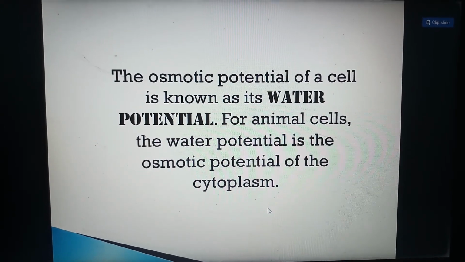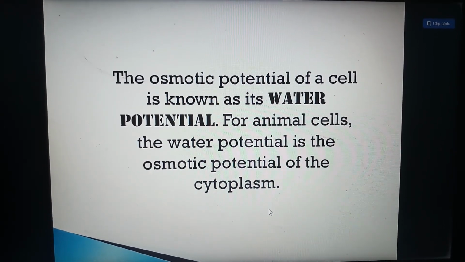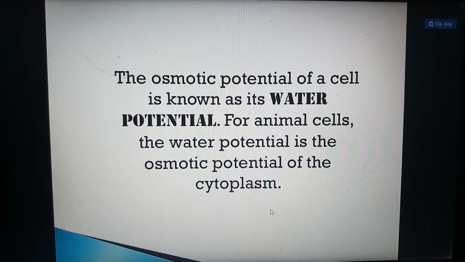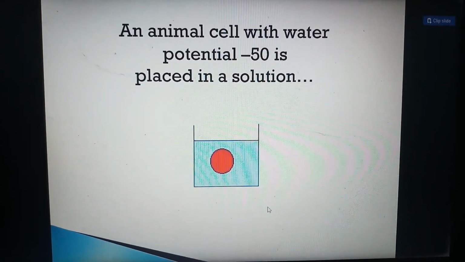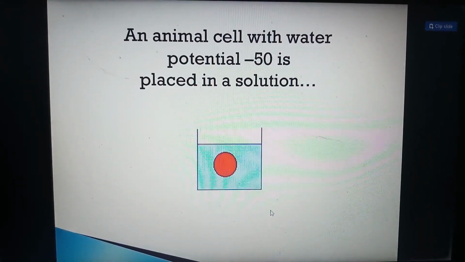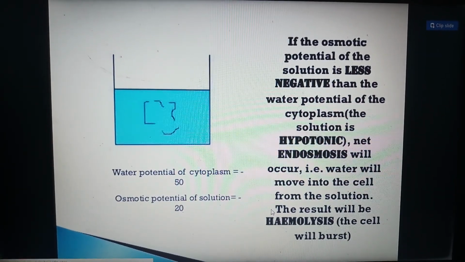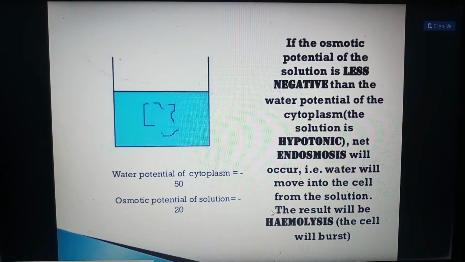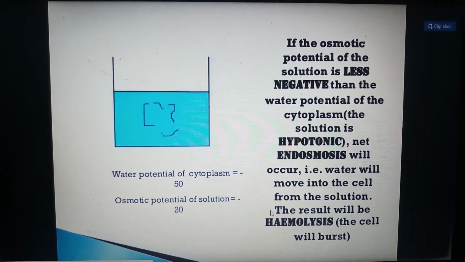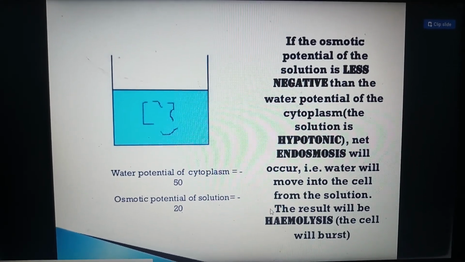For an animal cell, the water potential is the osmotic potential of the cytoplasm. An animal cell with water potential 50 is placed in a solution. If the osmotic potential of the solution is less or more negative than the water potential of the cytoplasm, we call the solution hypotonic.